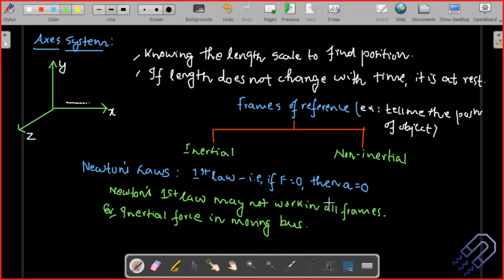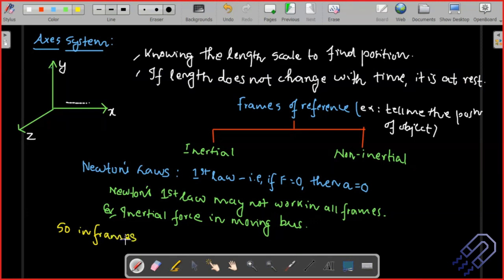If the laws work in a particular frame of reference, that will be an inertial frame. So let me come to the final definition here. If I ask you the question, what is the difference between inertial and non-inertial frame?